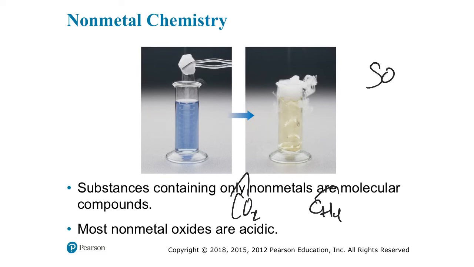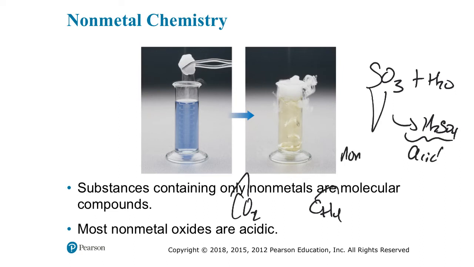So think about adding SO3 into water. We could form H2SO4, which is an acid. So we could look at SO3 and term it a nonmetal acidic oxide. These behave as acids, or they make acids in water.